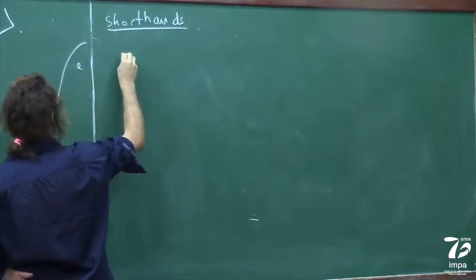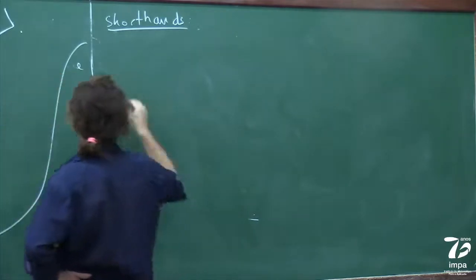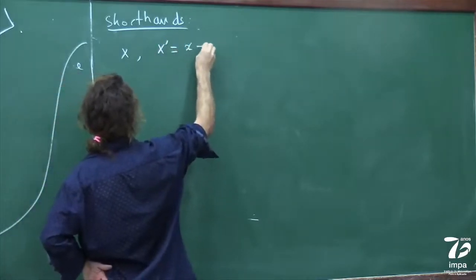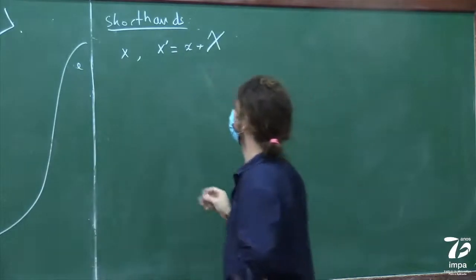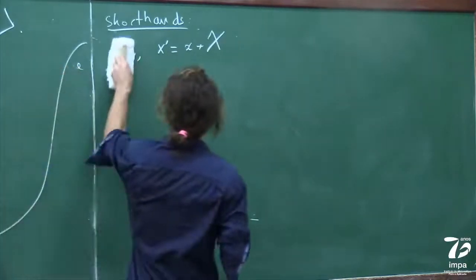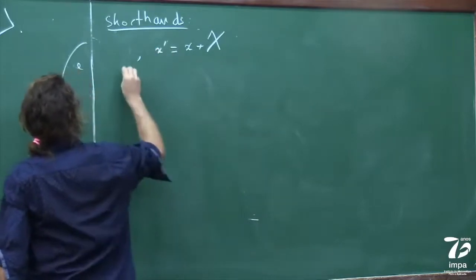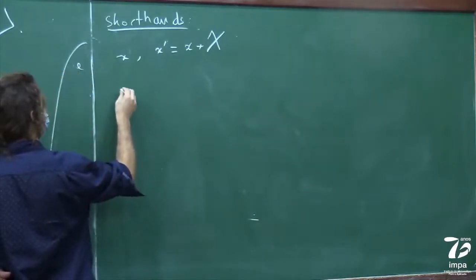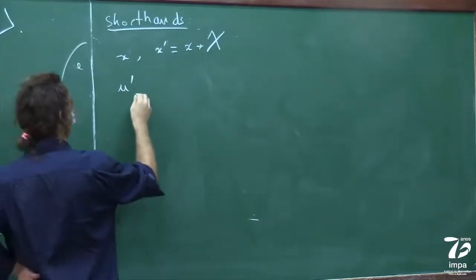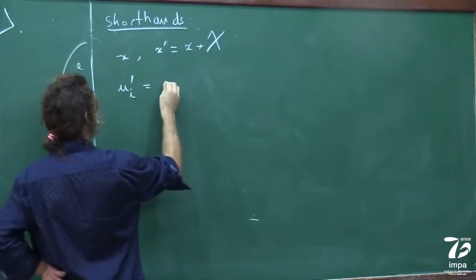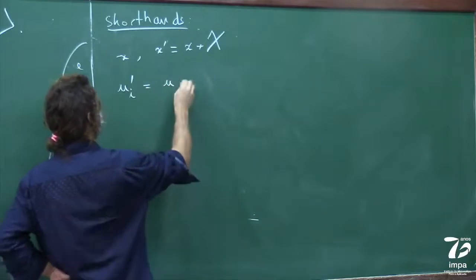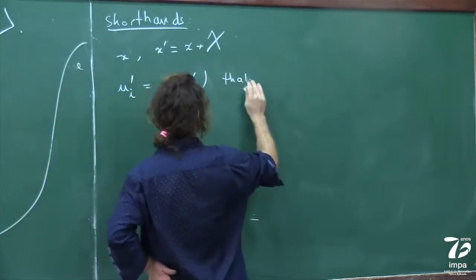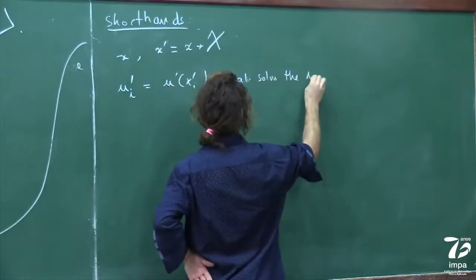I will consider the Navier-Stokes equation at position x, and at position x prime equal small x plus big X. It's a bit like in UNESCO, everyone is called X. And I will write u prime of a equal the velocity field u of x prime, a, that solves the equation.